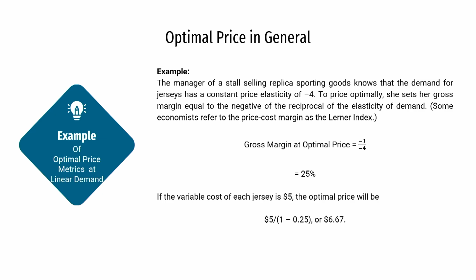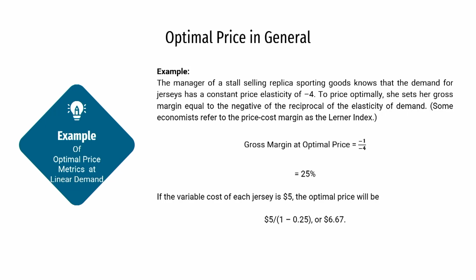So, at the optimal price point, we can see that the contribution margin that we are getting is 25%. If the variable cost of each jersey is 5, then we can calculate the optimal price. So, variable cost is 5, then price is unknown. Price minus variable cost will give us the contribution margin, right. So, P minus $5 is the absolute contribution. Contribution margin is calculated as a percentage of price.